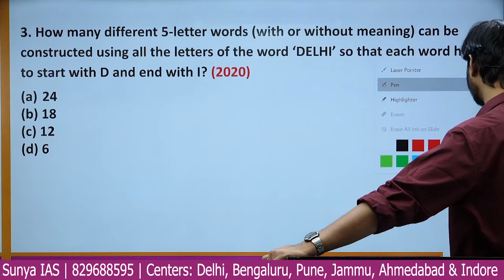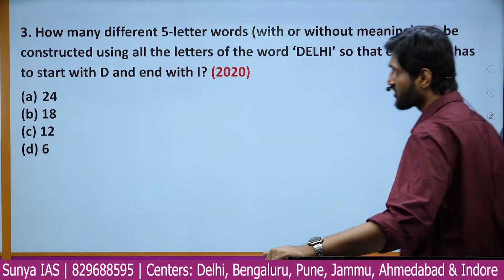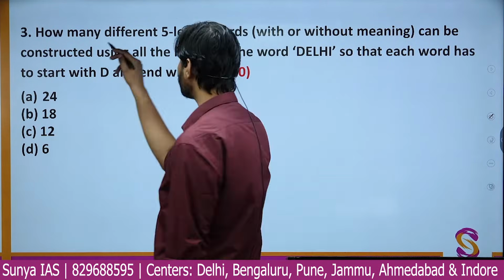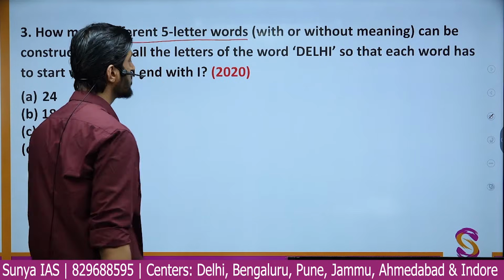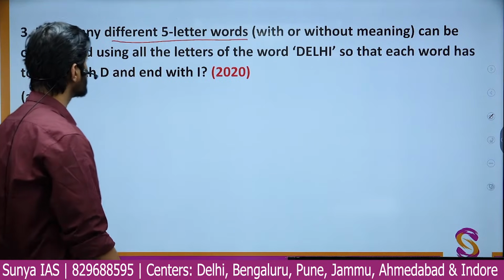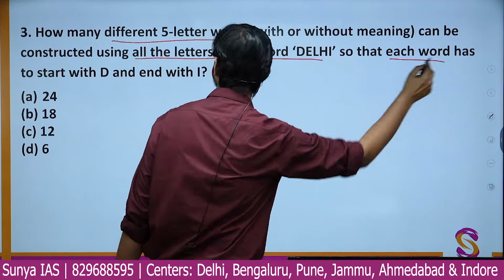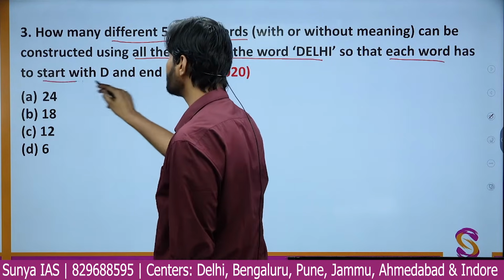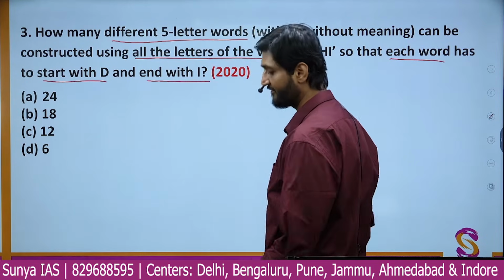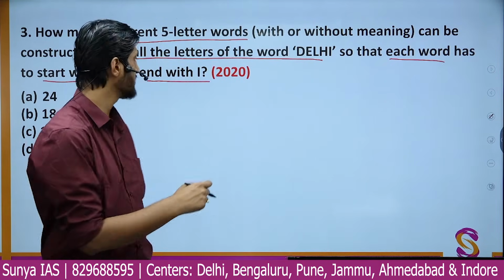Moving on, for question number 3 we have: how many different 5-letter words, with or without meaning, can be constructed using all the letters of the word Delhi, so that each word has to start with D and end with I. So we have the word Delhi. Okay, so what are the letters?